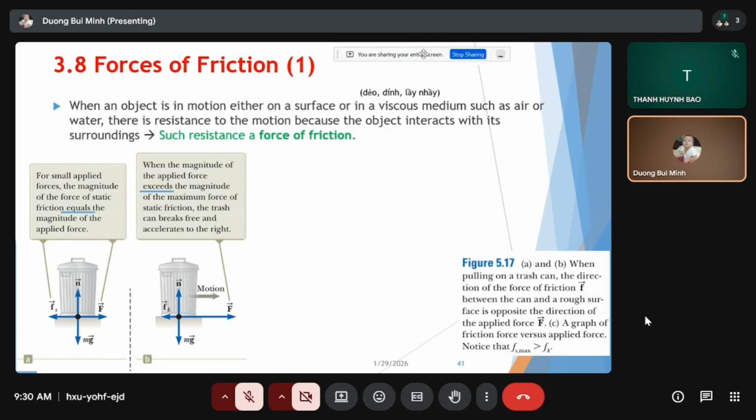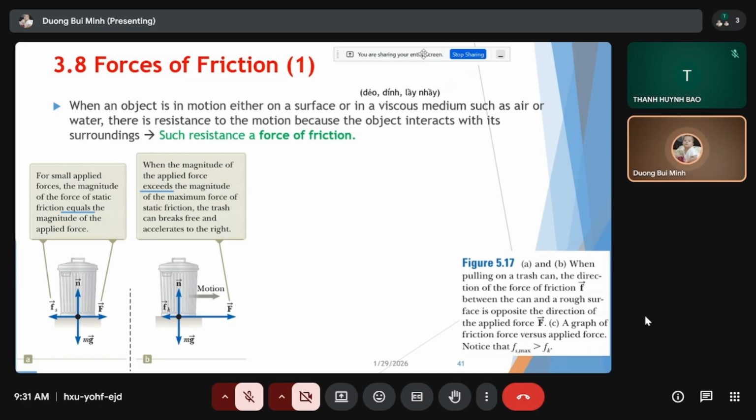And then we have the external force, that means F. This is the useful force because this force will help this can to be moved. So before this can moves, F must be higher than Fs, and F must be higher than Fk.